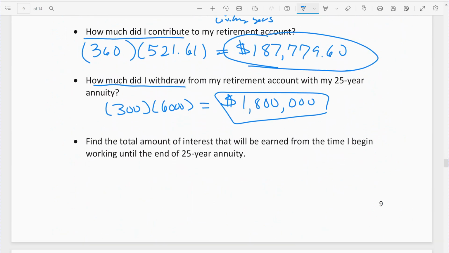How much interest did I actually make over all the years that I worked and retired?